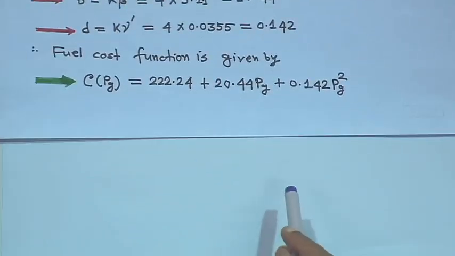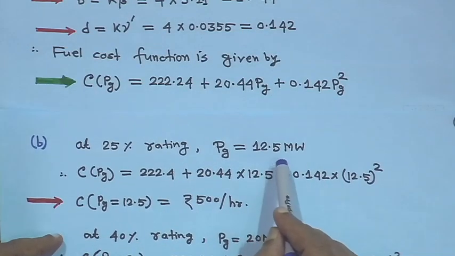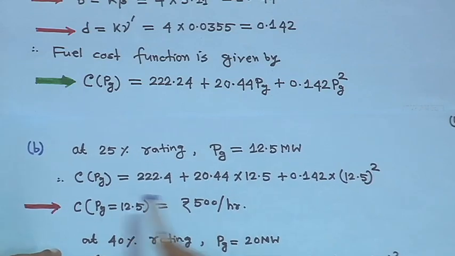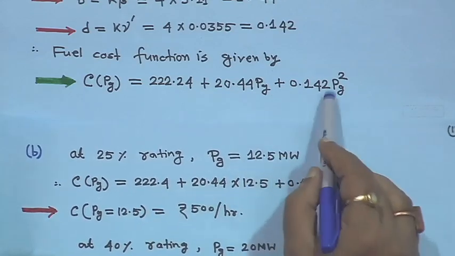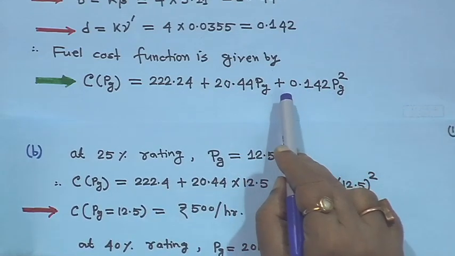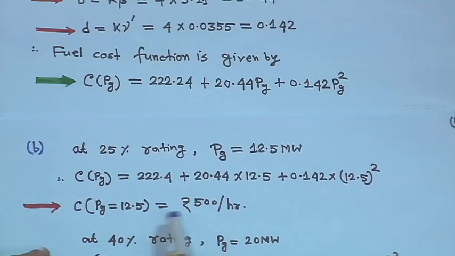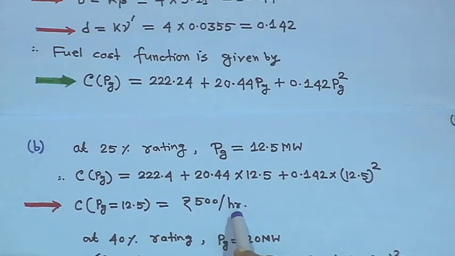Now you have to find out what is C(Pg) at 25% rating. At 25% rating, of the 50 megawatt generator, Pg is equal to 12.5 megawatt. Therefore, for C(Pg) you substitute this Pg value here, right. So you will get C(Pg) equal to about rupees 500 per hour, right.